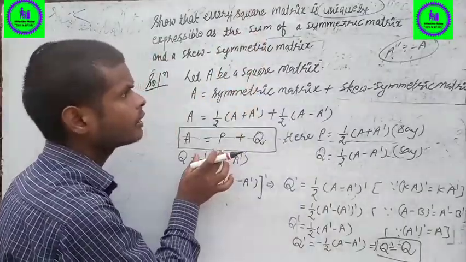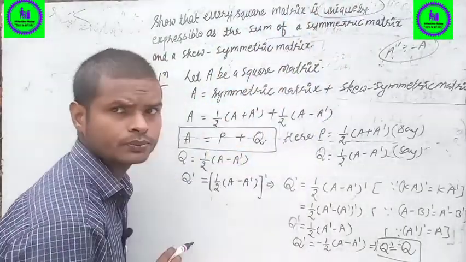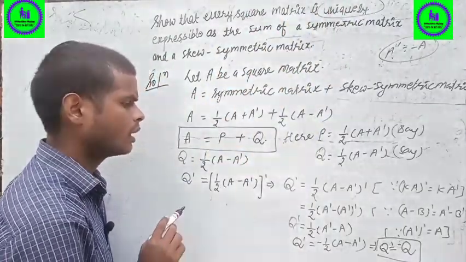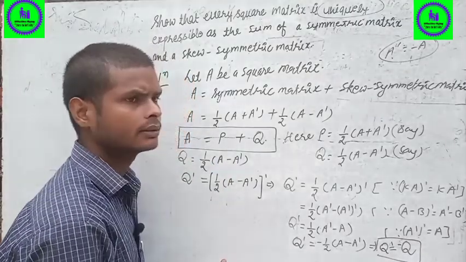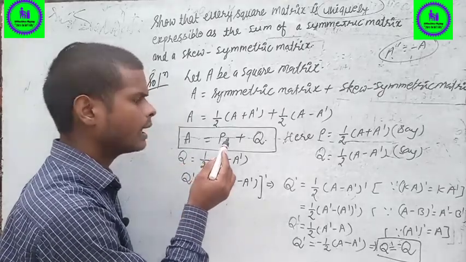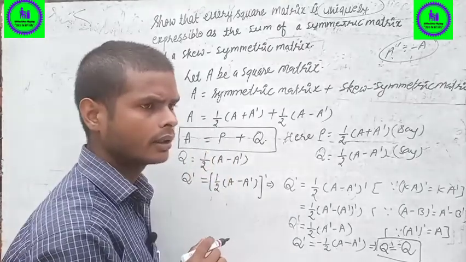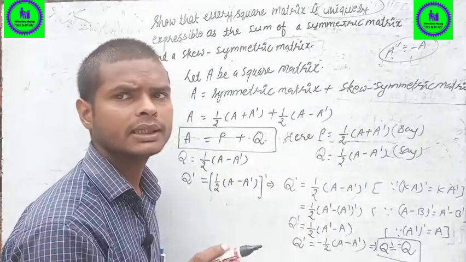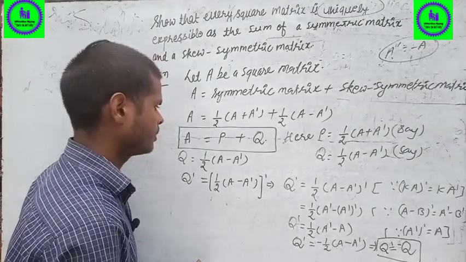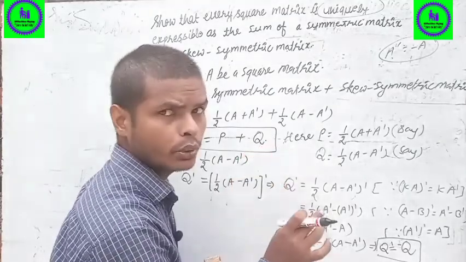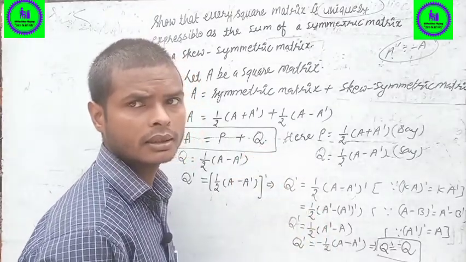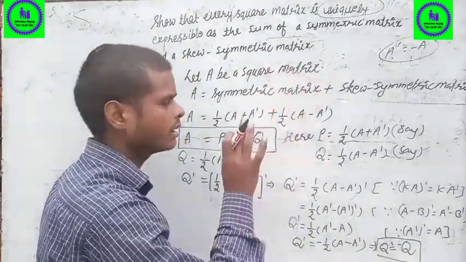Now we have to prove that this is a unique value. How can we prove this? Let us take another pair of values R and S for A, where R is symmetric and S is skew symmetric. Then we prove that P is equal to R and Q is equal to S. Then the theorem is clear.